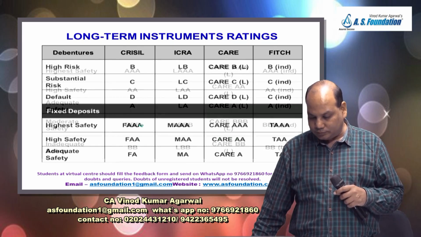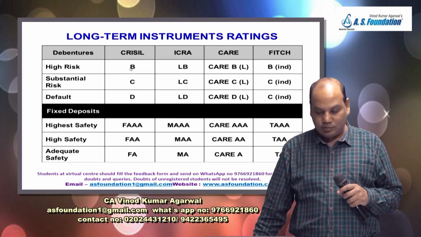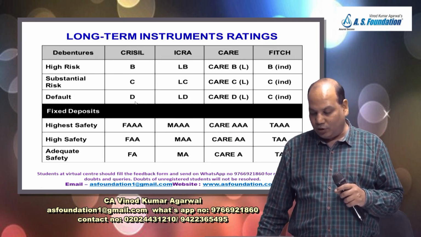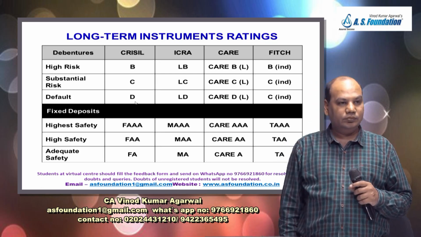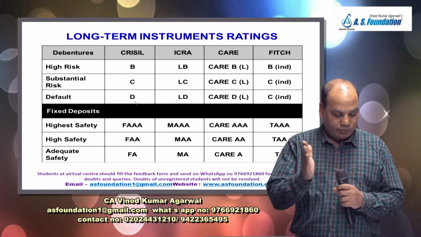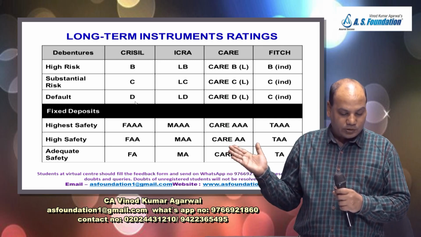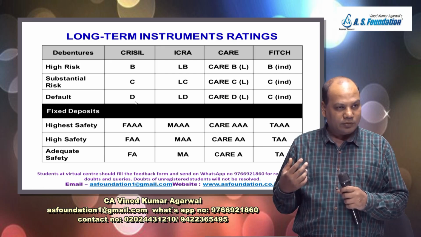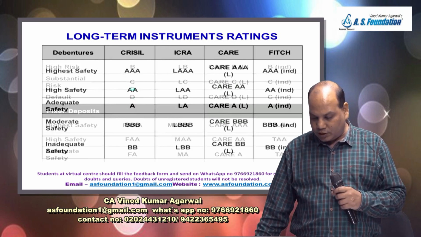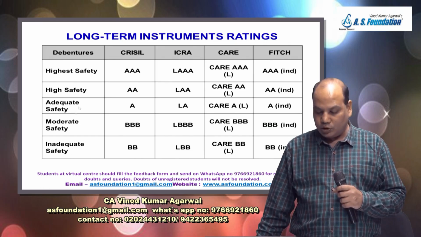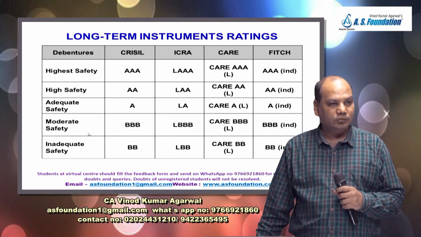After double B, high risk, B, substantial risk, C, and default, D. Easy to understand. It starts with highest safety and it moves towards the last, that is default. So as an investor, what happens now? When you see these ratings, you know what is the risk involved, what is the safety involved.